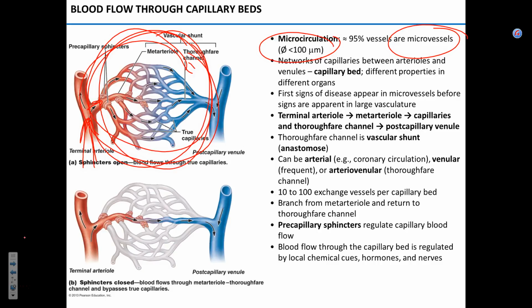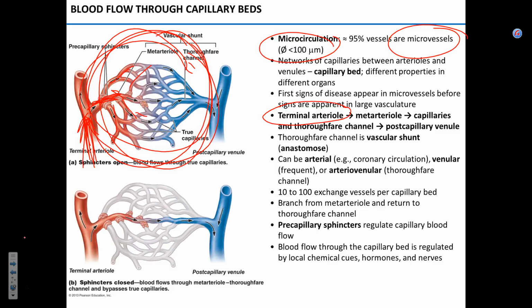So the route of the blood, when it flows through the capillary bed, goes from the terminal arteriole right here into the metarteriole, and from the metarteriole goes through the capillaries. Okay?